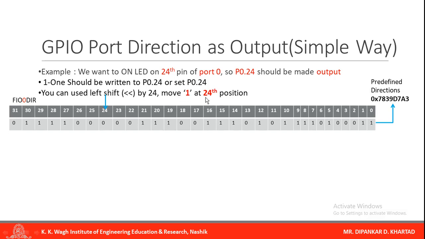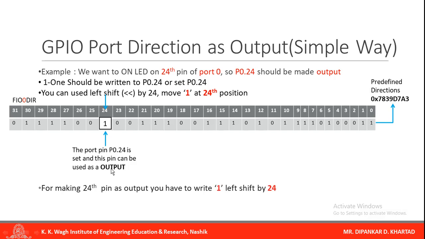Move 1 to the 24th position. The port pin 0.24 is set, and then this pin can be used as an output. For making the 24th pin an output, you have to write 1 left shift by 24, like FIO0DIR equals 1 left shift 24. So this is how you can use the left shift operator to select as an output.